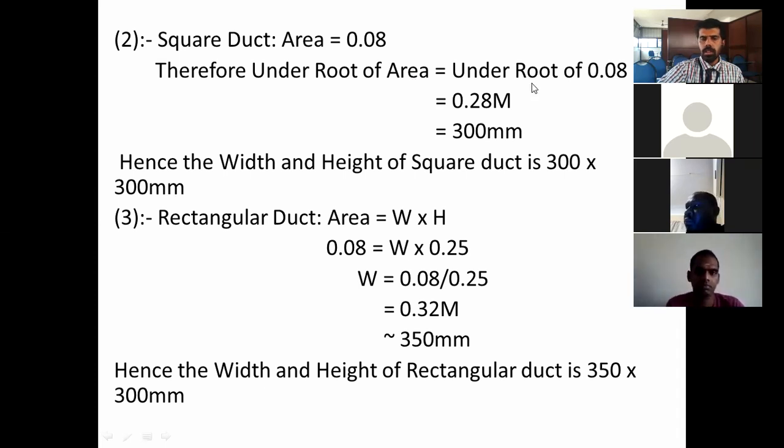The height has been assumed. You can choose your height, not an issue. But make sure there should not be much difference, like 300, 350, or 350 into 350, or 350 into 400. All the ranges should come closer to each other. The height has been assumed, we can assume it. Kindly check whether it is 0.25. I don't think it is 0.25. It seems to be 0.35, right?